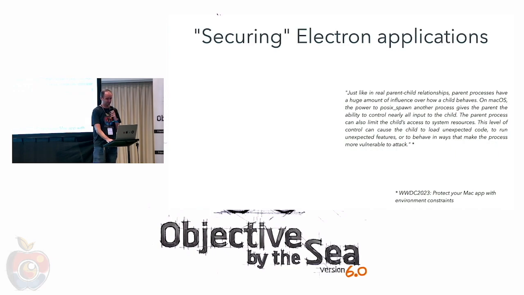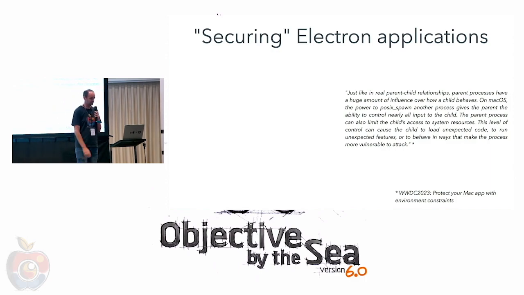Now, Electron applications. I was really excited: okay, we cannot do XPC, but we can secure Electron once and for all. They talk a lot about why posix_spawn is dangerous, because you can control all sorts of things for your child process, really everything.